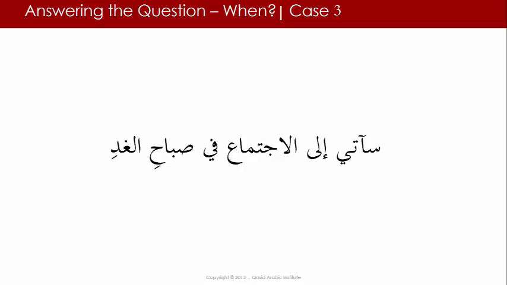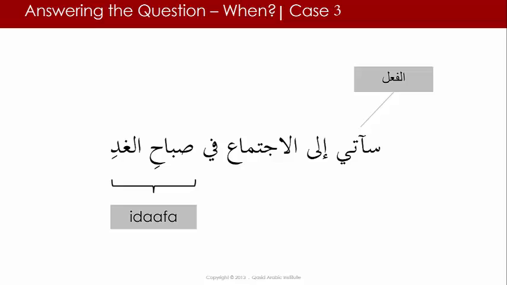Here we could get rid of all of our adverbials and just write it as a prepositional phrase. سآتي, I will come, إلى الاجتماع, to the meeting, في صباح الغد, in the morning of tomorrow. That's also a way of expressing that same meaning.